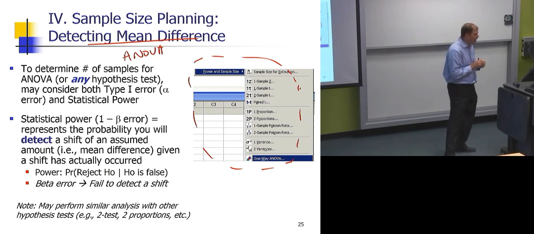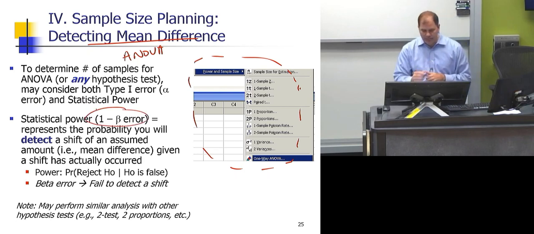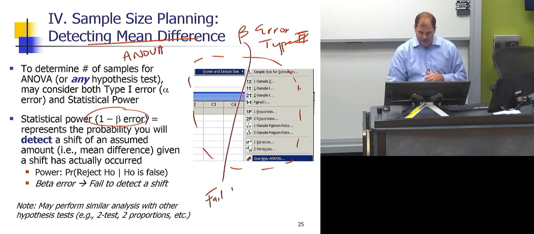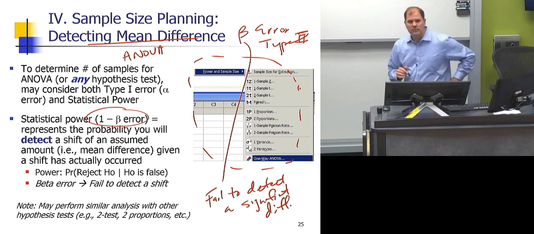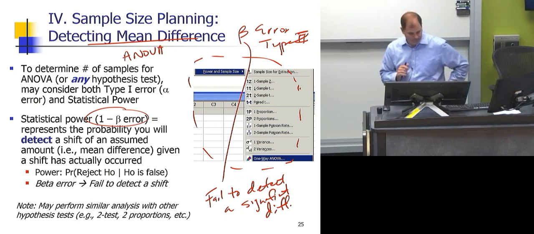All right, the idea of power. Power is 1 minus the beta error. Beta error is the type 2 error. And it's also known as the fail to detect a difference error. So fail to detect a significant difference. In other words, you fail to reject the H0 when you should have rejected it.